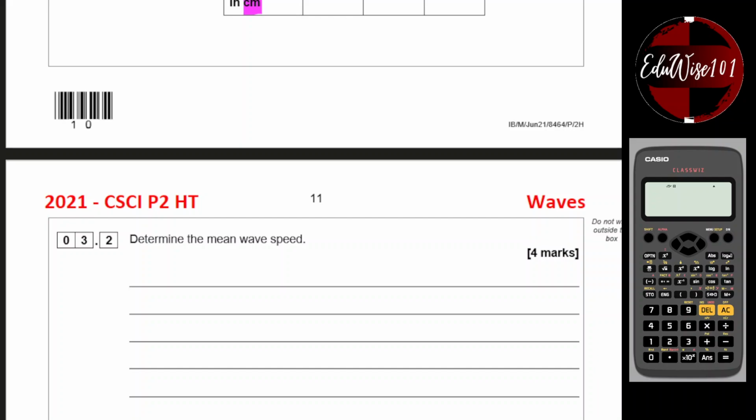Now, the equation for wave speed is V equals F lambda. V is the wave speed, F is the frequency, and lambda is the wavelength. So in order to find the mean wave speed, you need to find the mean frequency.